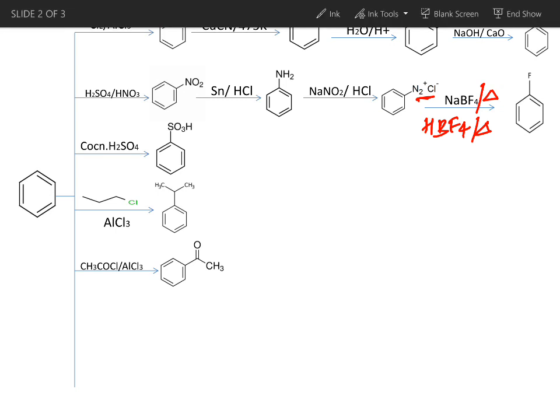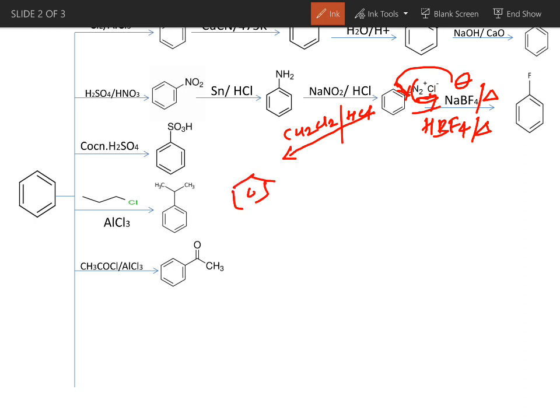Here fluorine will get introduced on this carbon, N2Cl will get left over. Not only this reaction, benzene diazonium chloride is acting as an important intermediate. If benzene diazonium chloride is reacted with cuprous chloride in presence of HCl, it gives a product as chlorobenzene.